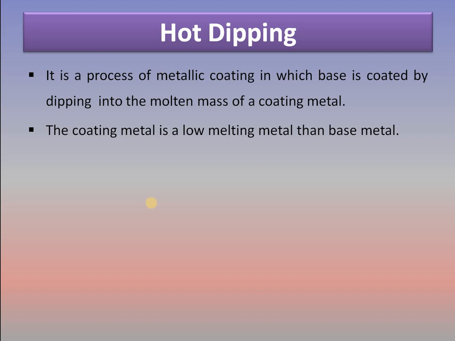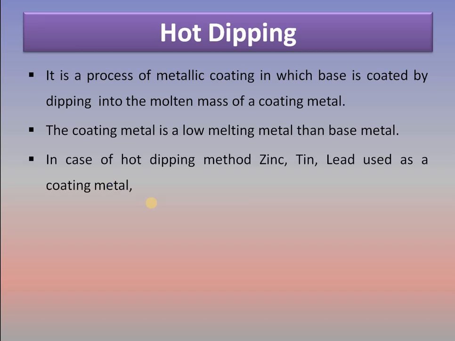Generally zinc, tin and lead are used as coating metals, while steel, iron and copper are used as base metals.